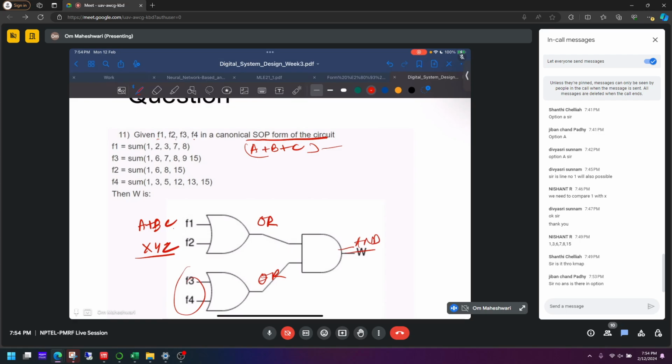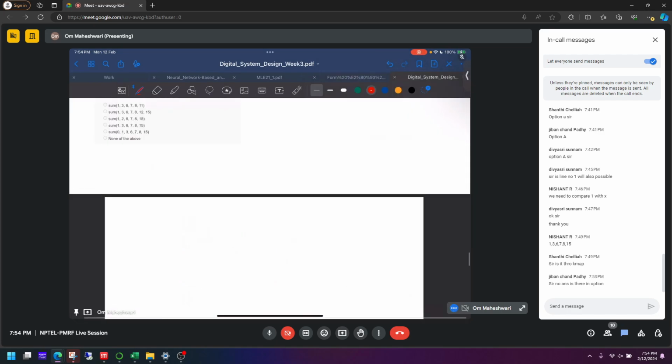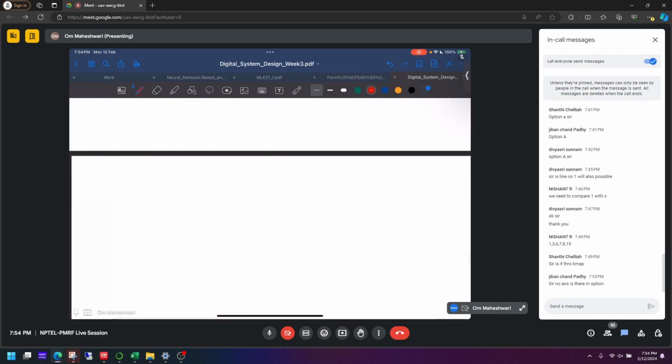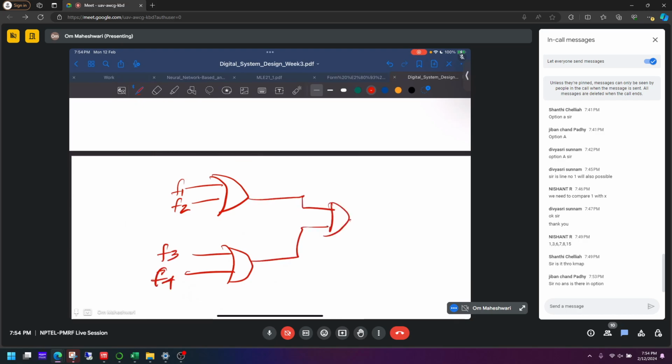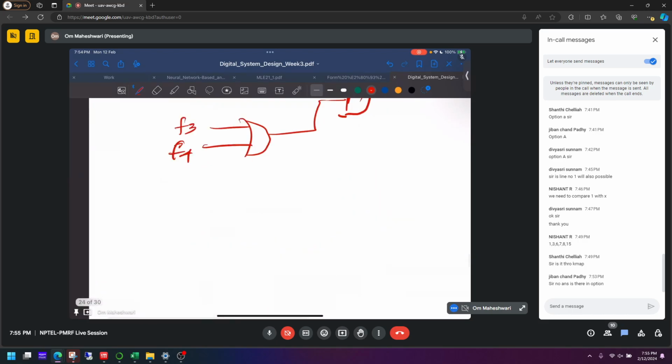Or the simpler way is, so this is your circuit, right? This is AND. Right, so you have F1 or F2.